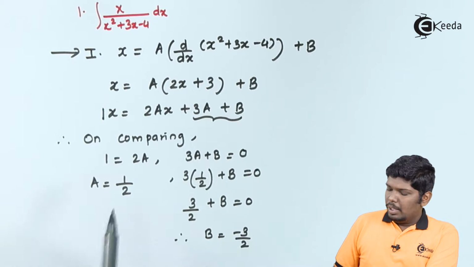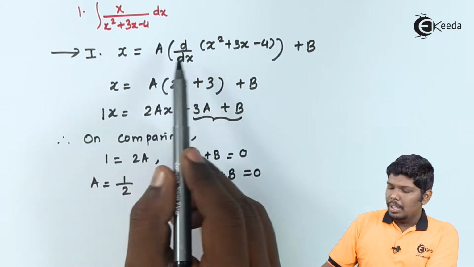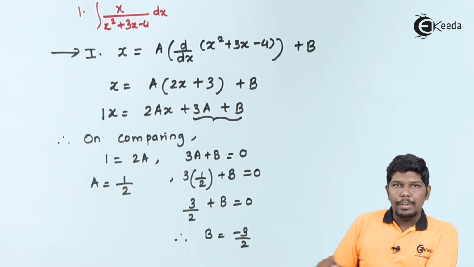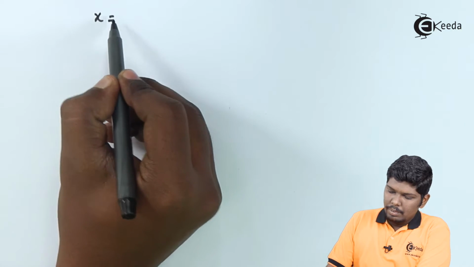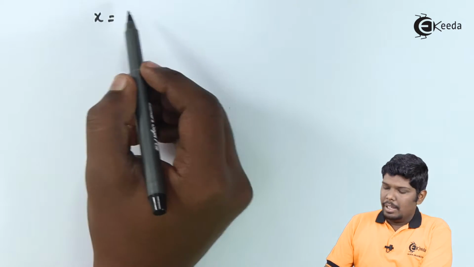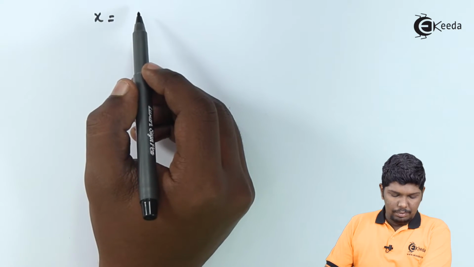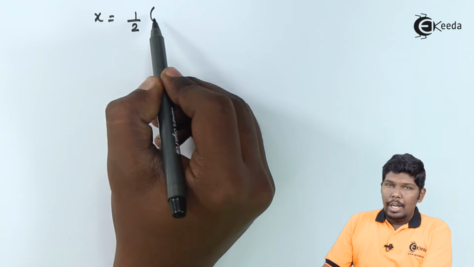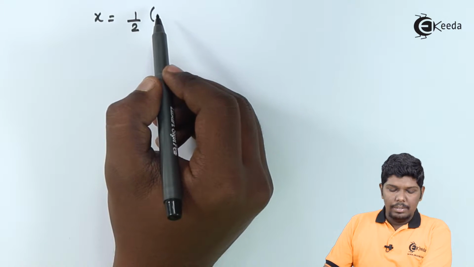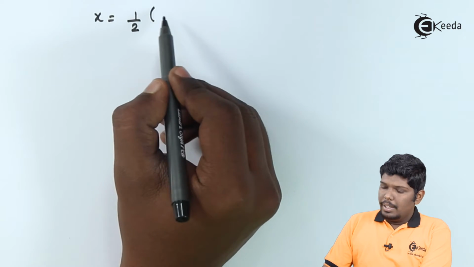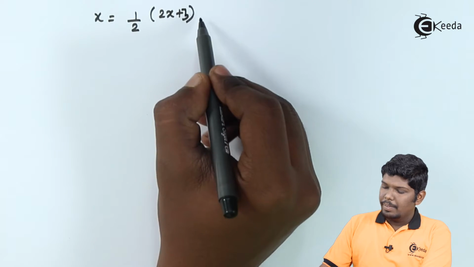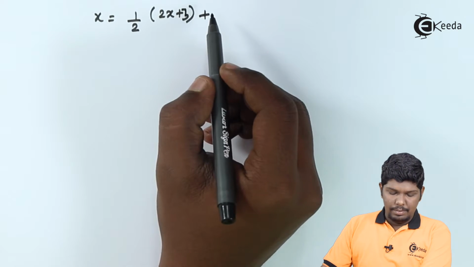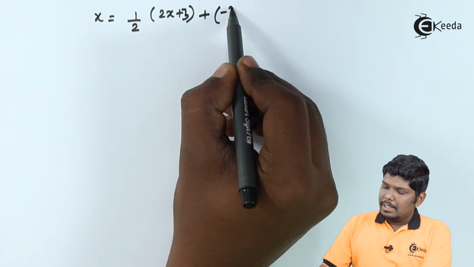In the next step, we will substitute the values of a and b in the given substitution as we have written in the first step. In the first step, we have written x is equal to a, that is 1 by 2, into derivative of denominator, that is 2x plus 3, plus we have b. The value of b is minus 3 by 2.